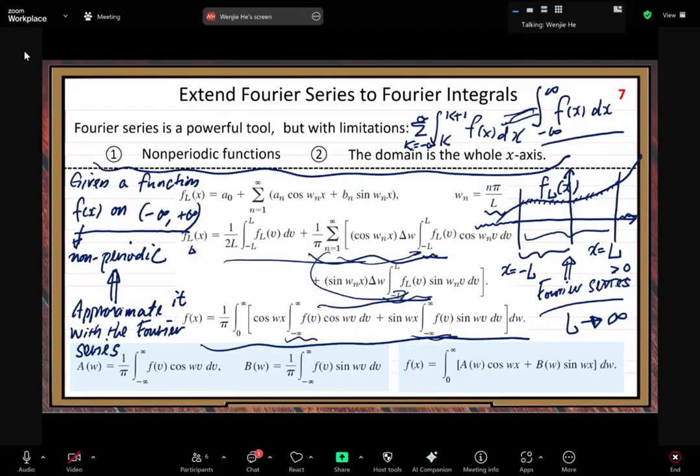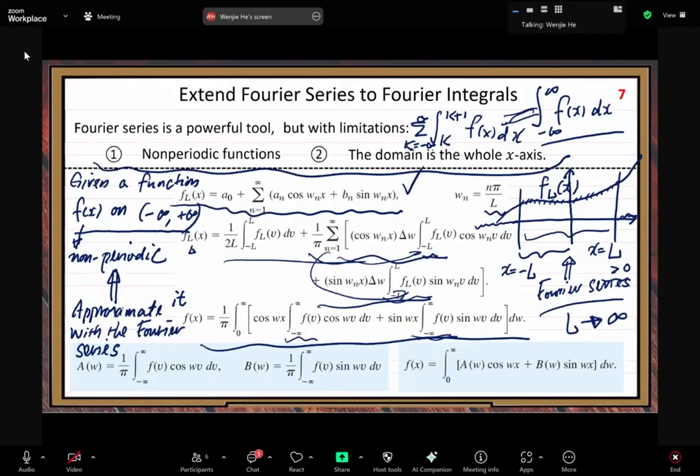So it's a little easier to understand. Then we work on this FL function, and we can do the Fourier series expansion. So we get this formula, FL. That's legal.